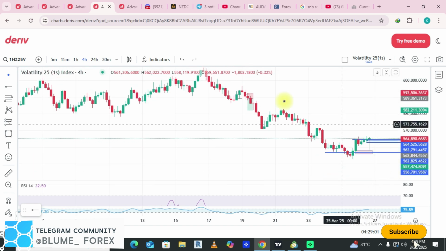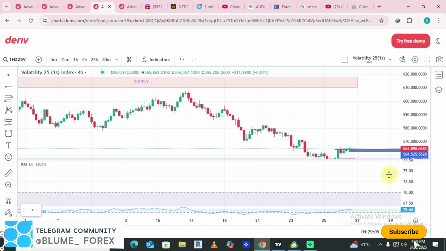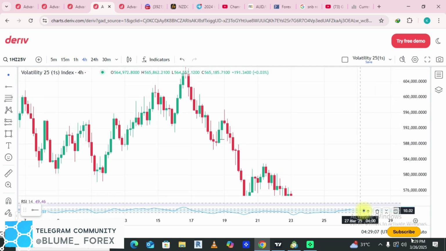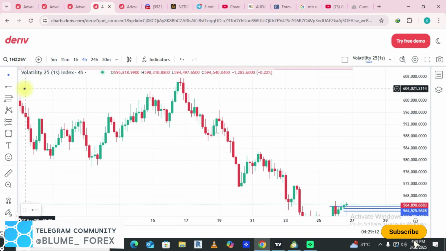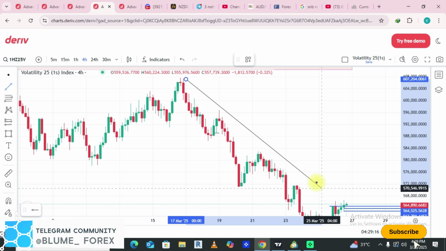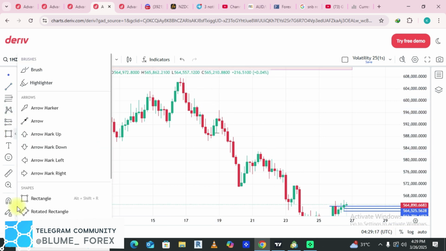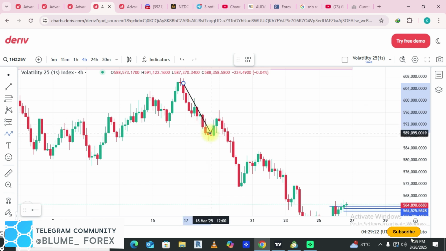With this, you can clearly see the market is in a downtrend. Just by looking at it, you should be able to identify that the market is in a downtrend. You push down, this is the market direction, downtrend. You push up.